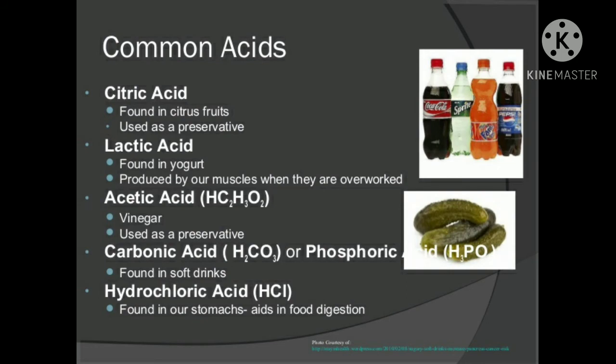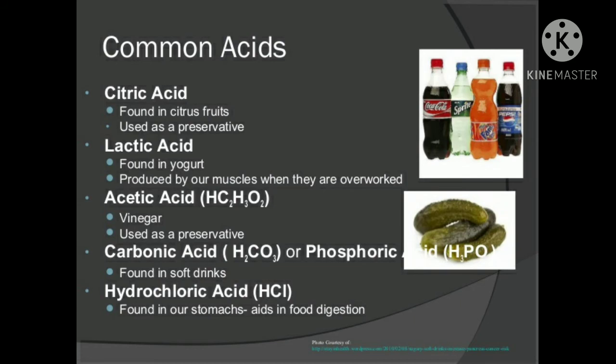Common acids are citric acid, which is found in citrus fruits and used as a preservative. Then lactic acid, found in yogurt, and produced by our muscles when they are overworked.